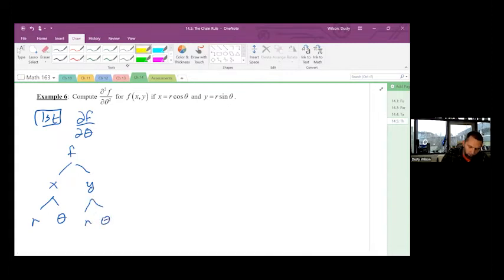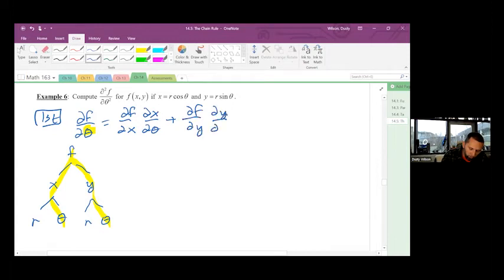And we want to follow the theta path because of the theta there. So this is going to be equal to the partial of f with respect to x times the partial of x with respect to theta, plus the partial of f with respect to y times the partial of y with respect to theta.